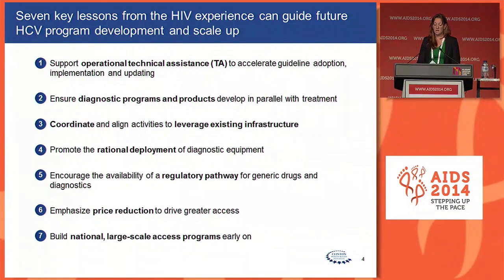Three, coordinate and align activities to leverage existing infrastructure. Four, promote the rational deployment of diagnostic equipment. Five, encourage the availability of a regulatory pathway for generic drugs and diagnostics. Six, emphasize price reduction to drive greater access. And seven, build national, large-scale access programs early on.